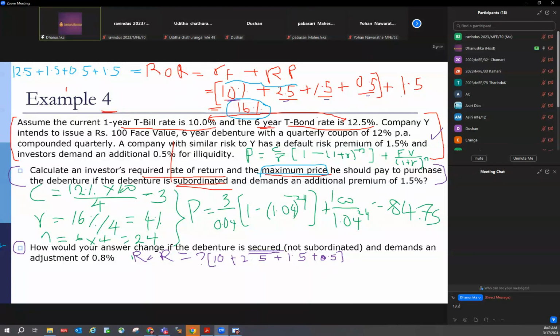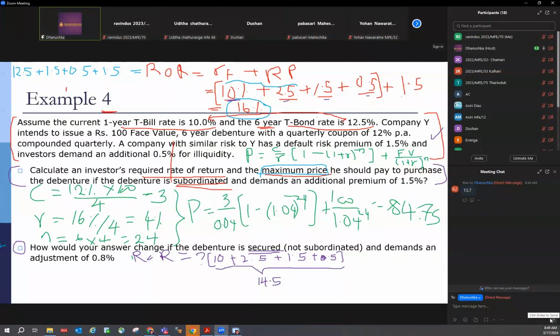If it's secured, is it more safe or less safe than an unsecured debenture? More safe. Yes, it's safer. Because it is safer, I don't need a return of, for an unsecured debenture, I want a return of how much? 14.5, right? This is my required rate of return for an unsecured debenture.